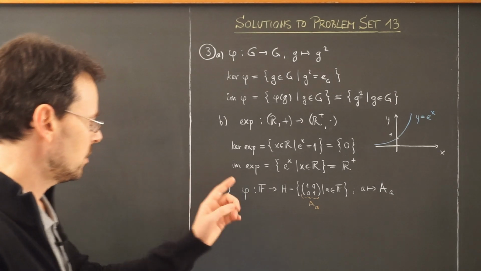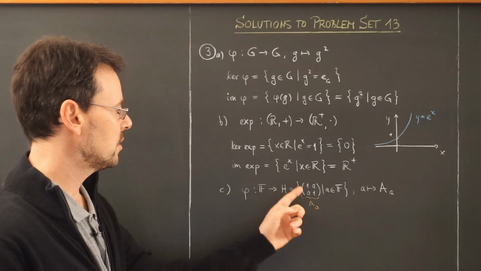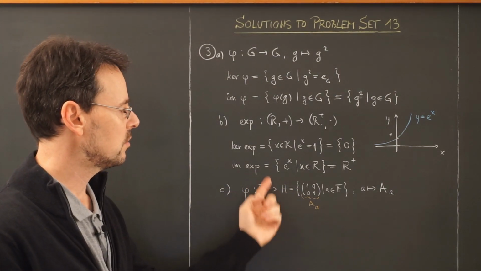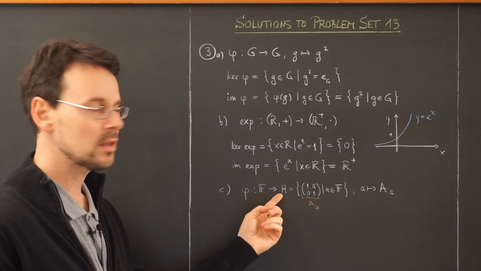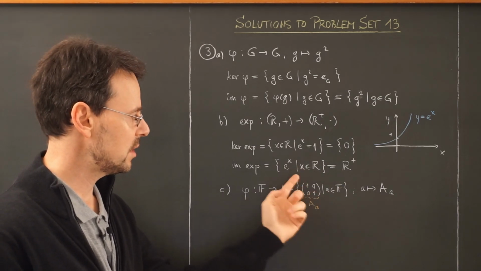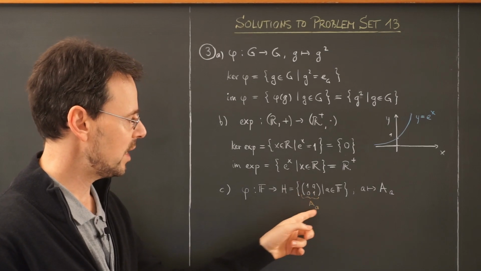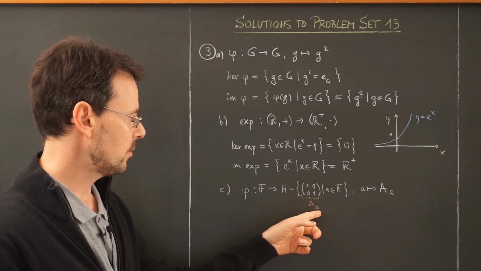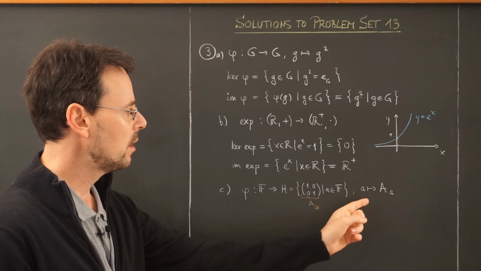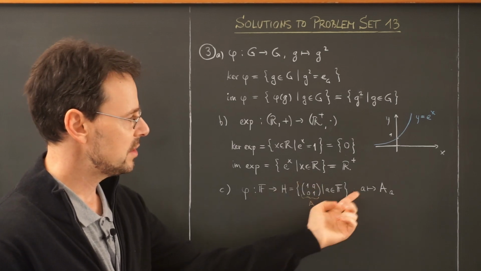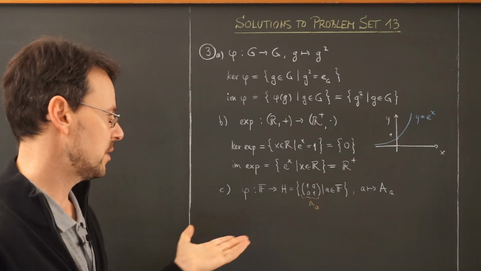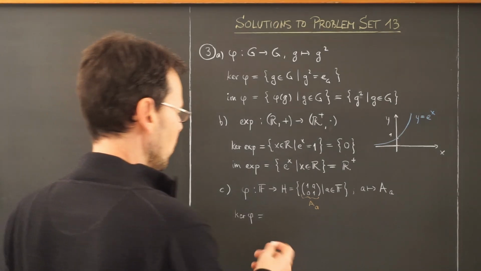Okay, next we established that this is a homomorphism from a field to this subset of the general linear group over F, consisting of these matrices here. The matrix of this form I call A sub small a. And a field element simply gets mapped to this matrix. Now, what is the kernel?